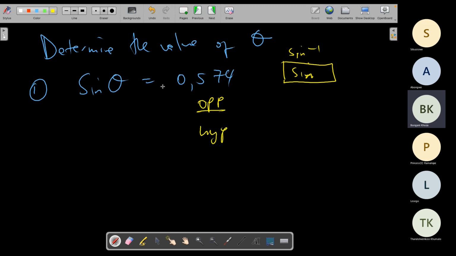Some values were plugged into a calculator, maybe 7 over 12 or whatever, to give us this number. They wrote it as a decimal like that. So we're trying to find out, if this was in a triangle, what was the actual angle that would have these sides?